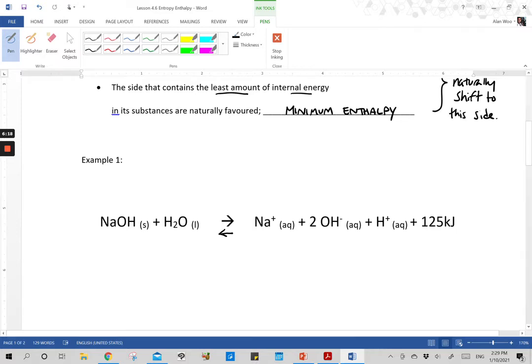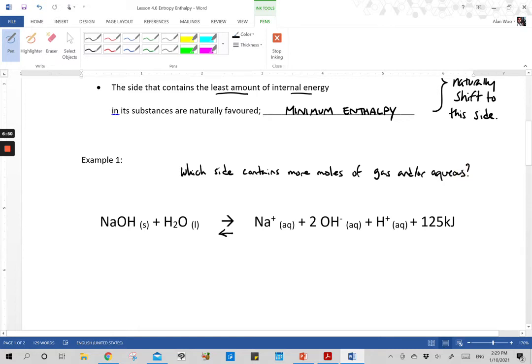To discover which side has more entropy, we have to find which side contains more moles of gas and/or aqueous.